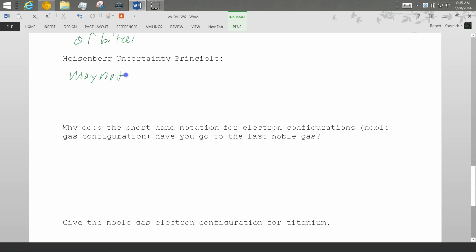you may not know the position and momentum of an electron.